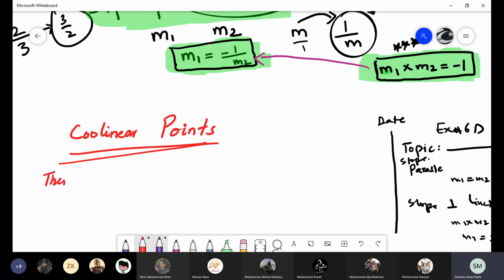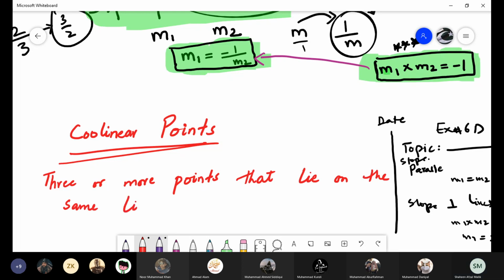If you want to write, it will be better for you, then you can remember that three or more points that lie on the same line are collinear points.